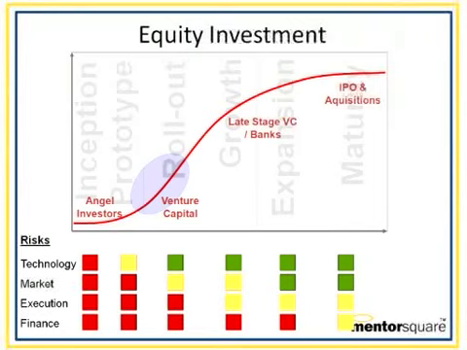So that's where the execution capabilities of the company come into light. And finance is where you actually are raising money again and again, sometimes in equity, sometimes in debt, but you continue to raise money. Are you able to do that consistently is the question in the finance risk.